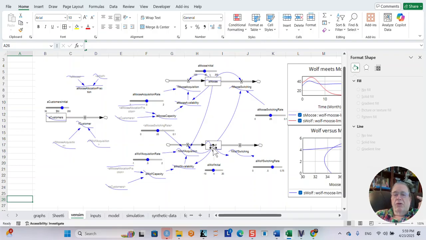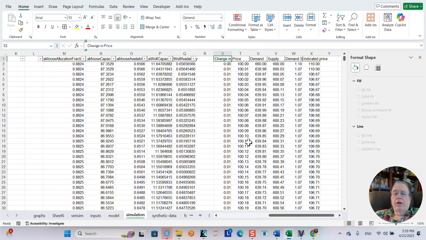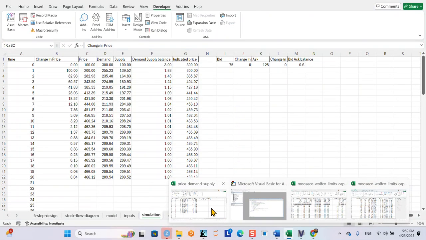Take these numbers and now make them into demand numbers. And the simulation will show you exactly what's going on there. This is the same as the pricing supply-demand model that we have perhaps seen before. Let me see if I can pull that up.